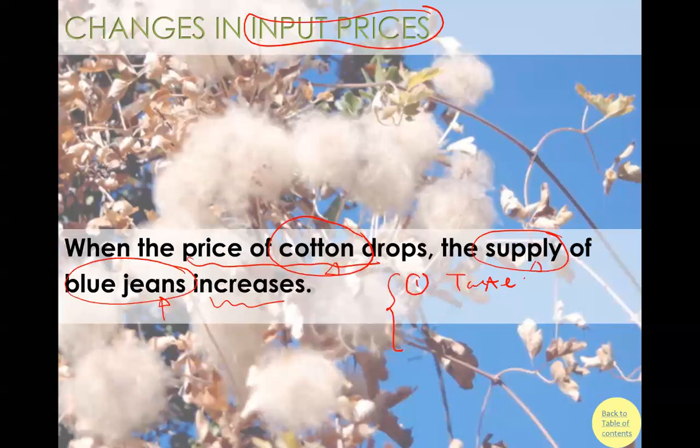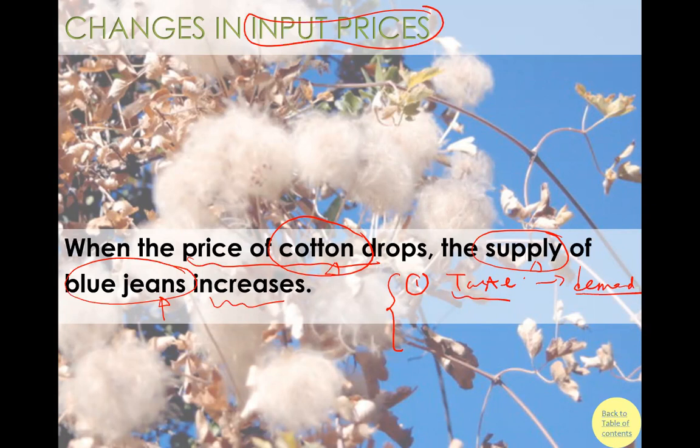Why is that? It's because this taste is going to affect demand, and this demand is going to affect the profitability of producing blue jeans. Right? So in the end, how the supply of blue jeans changes is going to be complicated.